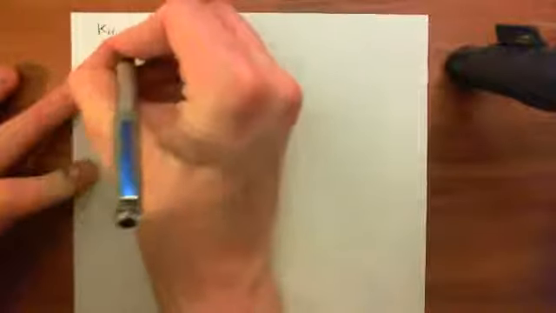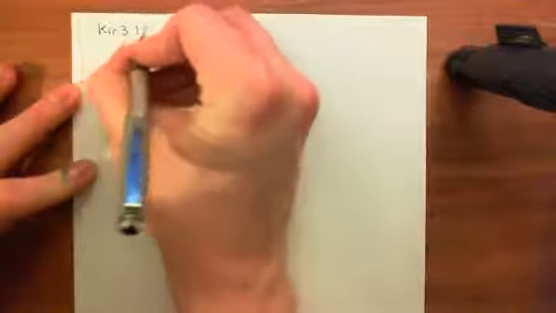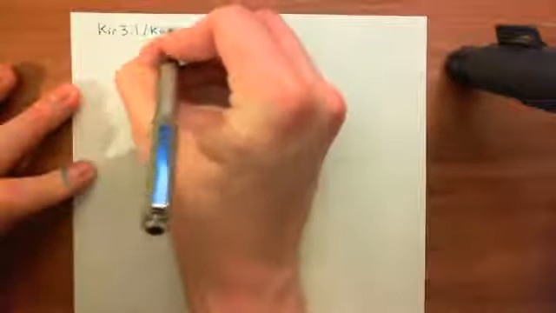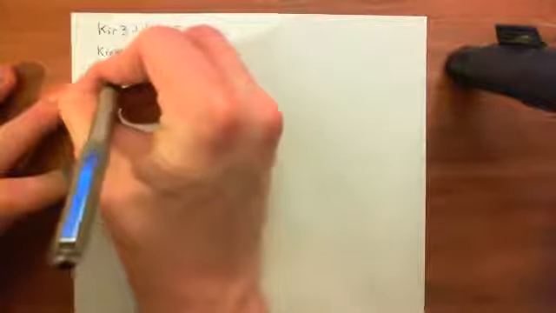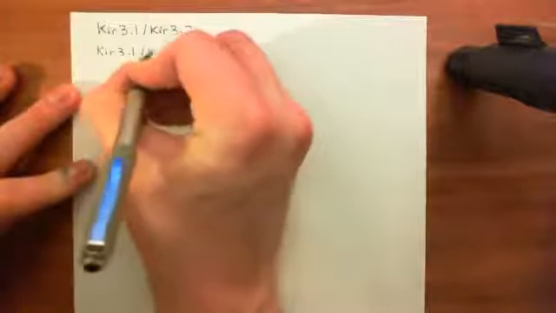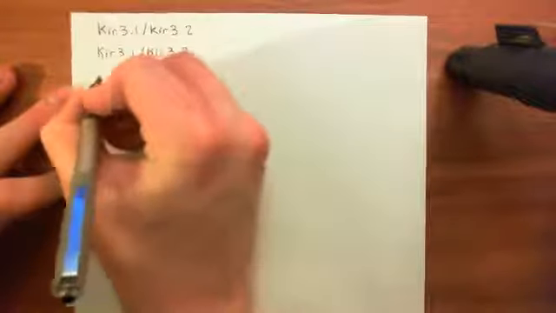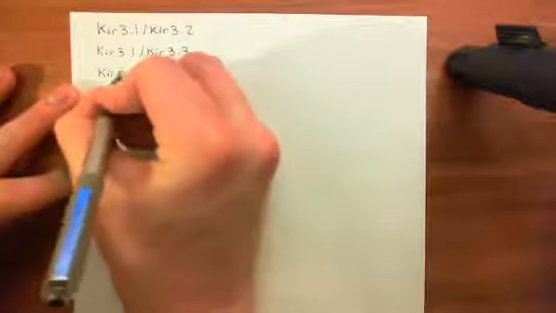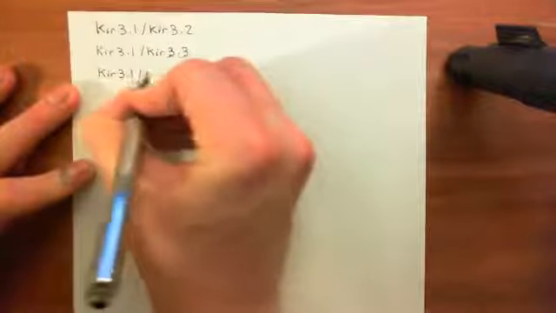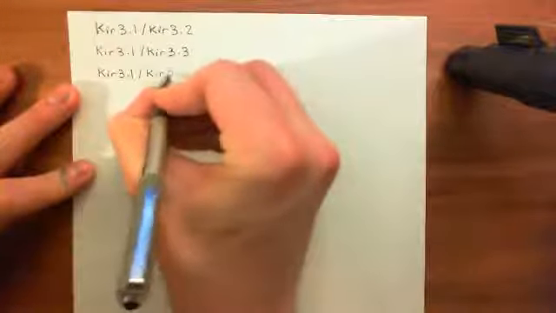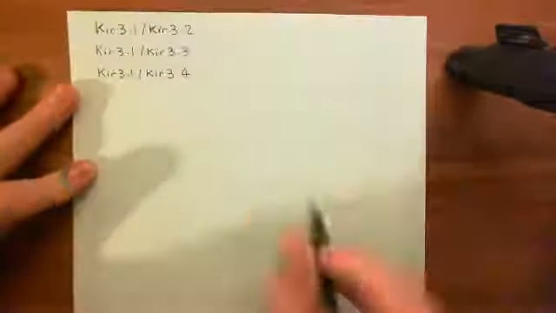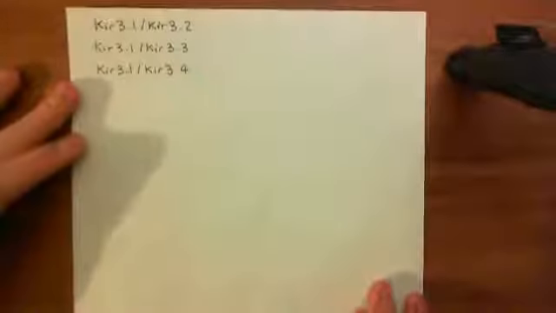They're a KIR 3.1, KIR 3.2 heterotetramer. Then we've also got KIR 3.1 with KIR 3.3, another heterotetramer which is commonly seen. And finally the other one is KIR 3.1 with the final remaining KIR subunit, which is KIR 3.4.